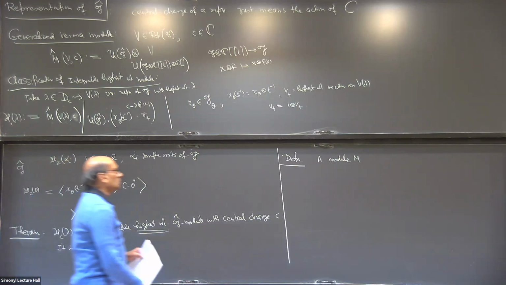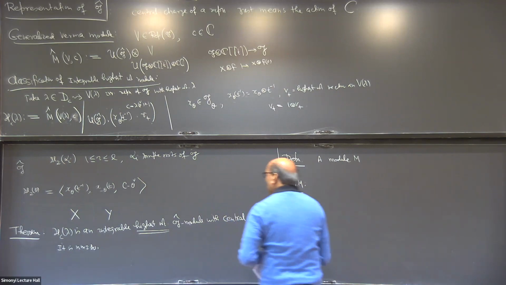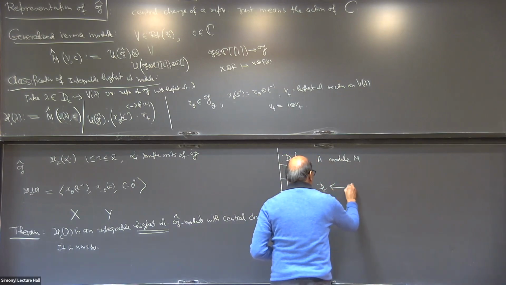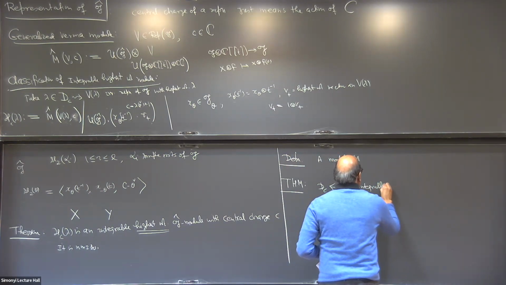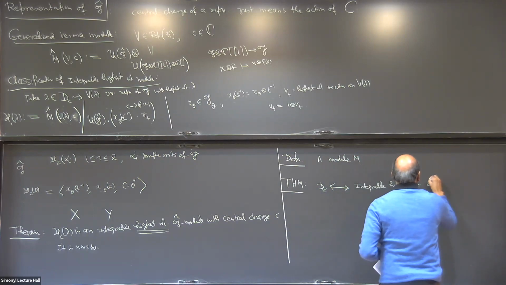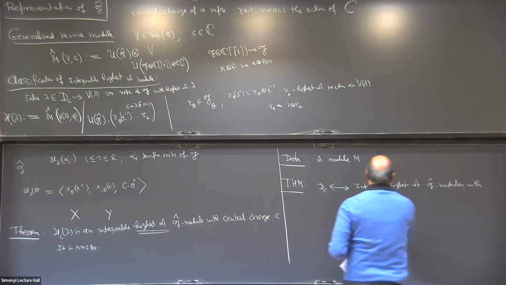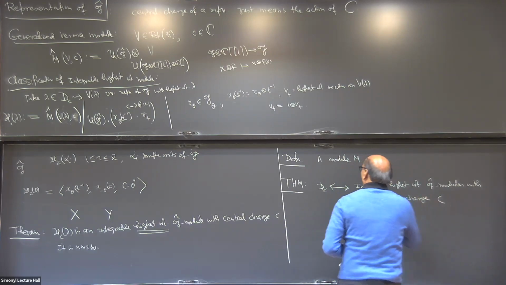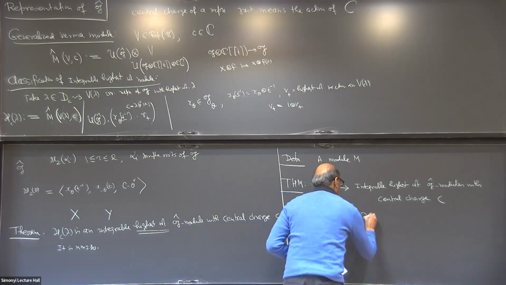Right, and then the theorem, and this is the main theorem for the inclusion theory: the set of dominant integral weights lambda of level C is in bijective correspondence with the irreducible integrable highest weight G hat modules with central charge C, and lambda goes to this H lambda.